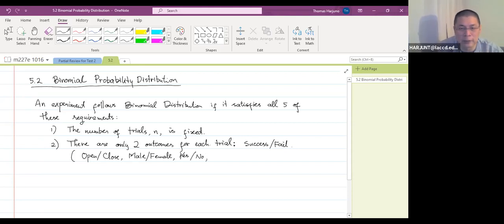What else? AM, PM. Pass or fail, not in the sense of passing or failing the class, though you can use that also, but in the sense of a legislation being passed or failing to pass. And a lot of other things.